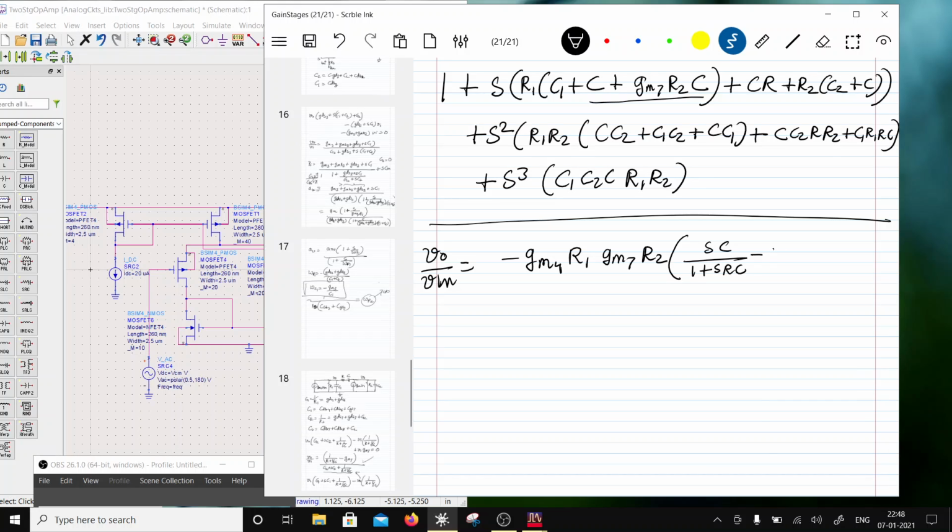Minus GM7 is taken out, right? So times of, so GM7 is taken out, so here it will be GM7, right? And then I am going to multiply this with 1 over SRC. Is that correct?